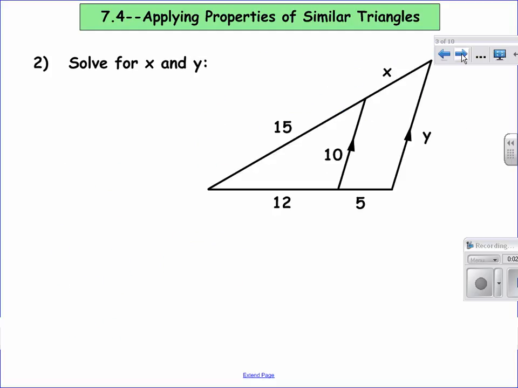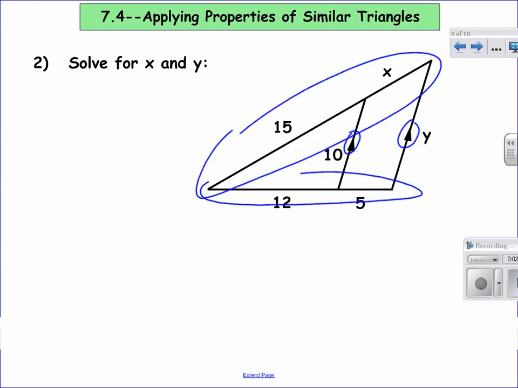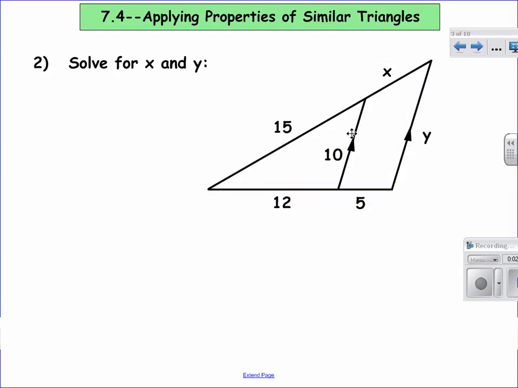All right, we're going to do a few of these examples in this setting here, because you've got to be careful as far as the setting here. So we've got on this side parallel lines, so I know I have proportionality along the sides. So we've got 12 is to 5, the partials on this side, is the same as 15 is to x, the partials on the other side.